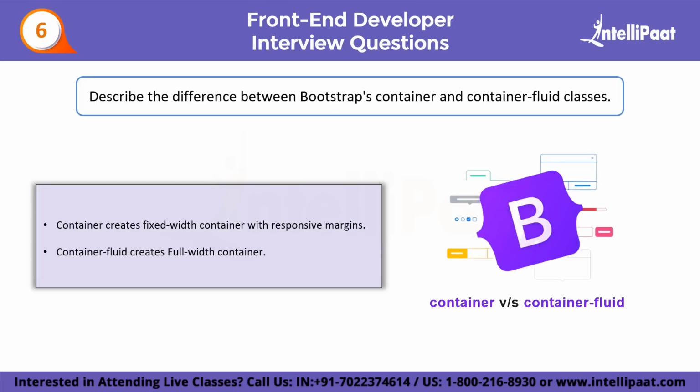Unlike the container class, container-fluid does not have maximum widths, allowing it to expand to fit any screen size. The container-fluid class is useful when you want your content to take up the full width of the screen, creating a fluid edge-to-edge design. By understanding the difference between container and container-fluid, you can choose the appropriate class based on your design requirements to achieve the desired layout for your Bootstrap-based web projects.